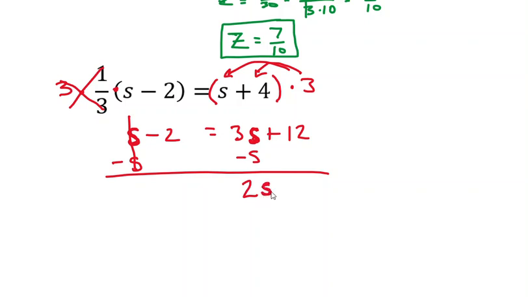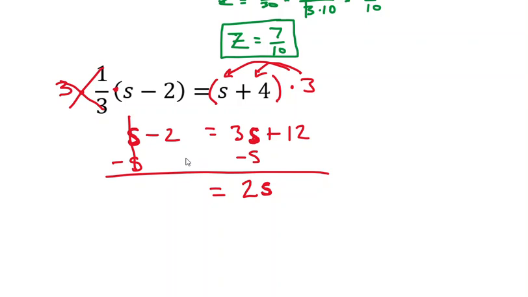And there we have it. The s's are now all on the right-hand side. Either way is fine. You can make the rule be always on the left, or always have a positive coefficient of the variable, or you can just do it different every time.